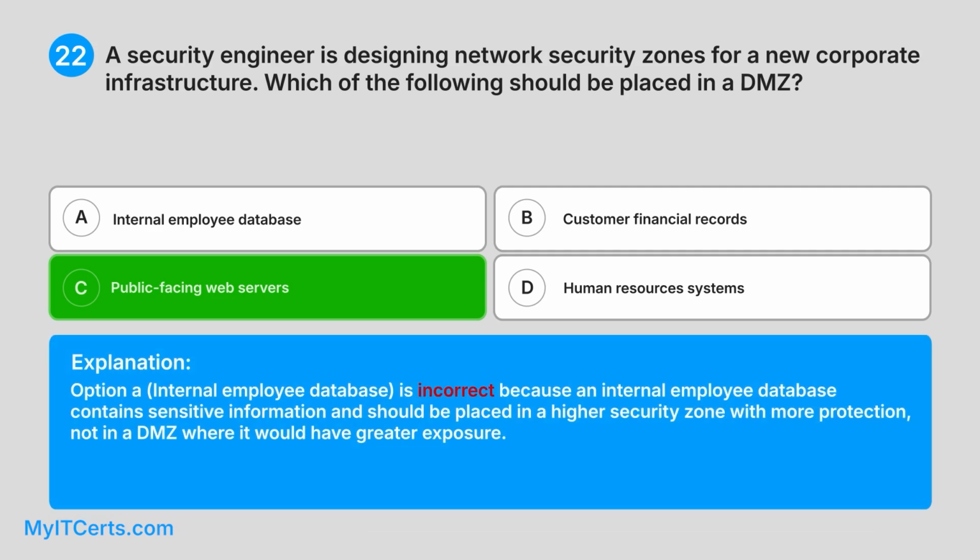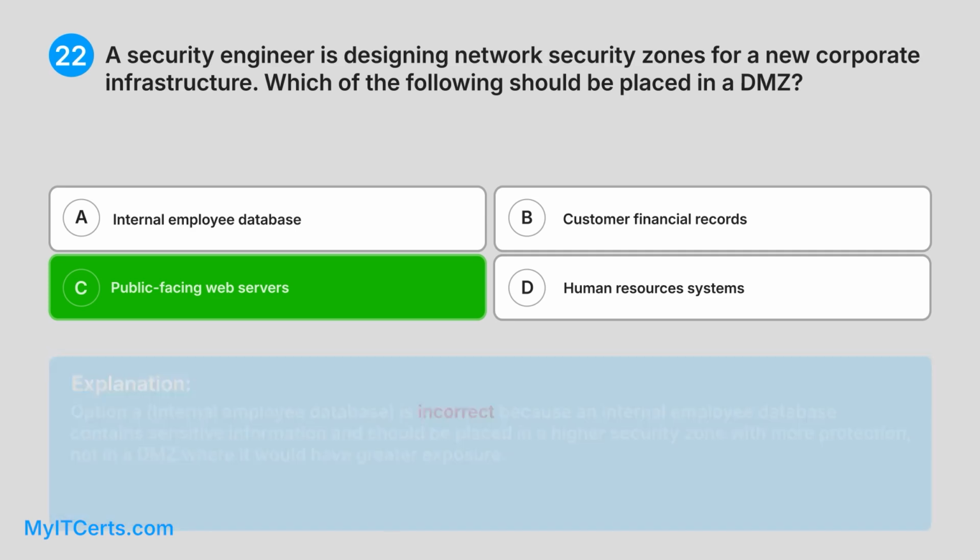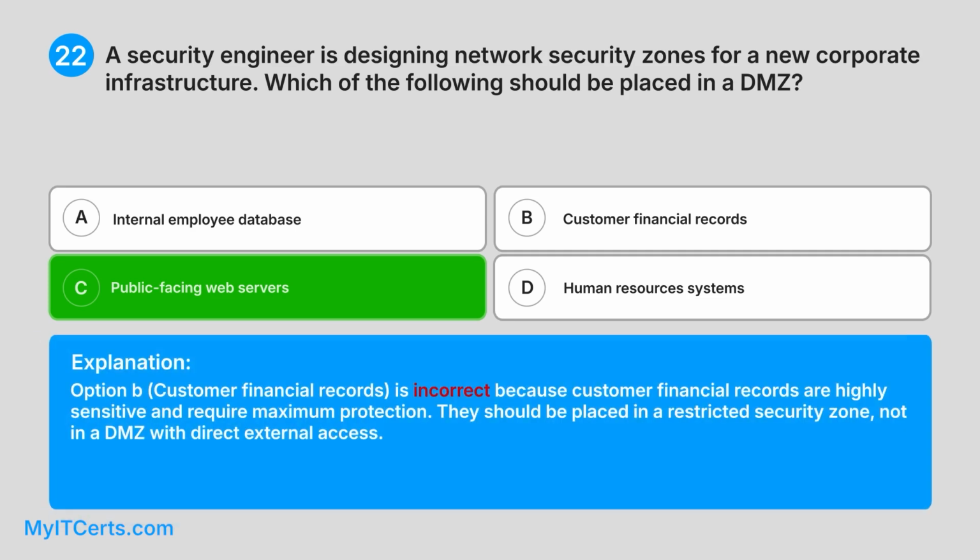Option A, internal employee database, is incorrect because an internal employee database contains sensitive information and should be placed in a higher security zone with more protection, not in a DMZ where it would have greater exposure. Option B, customer financial records, is incorrect because customer financial records are highly sensitive and require maximum protection.